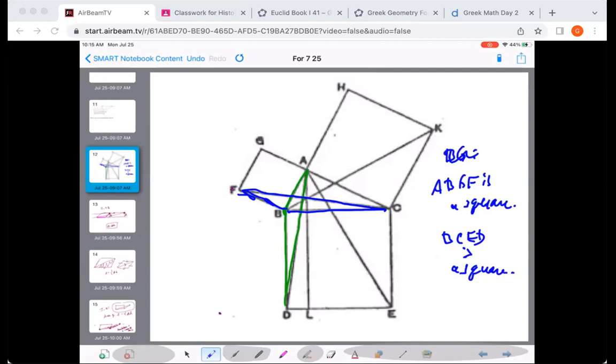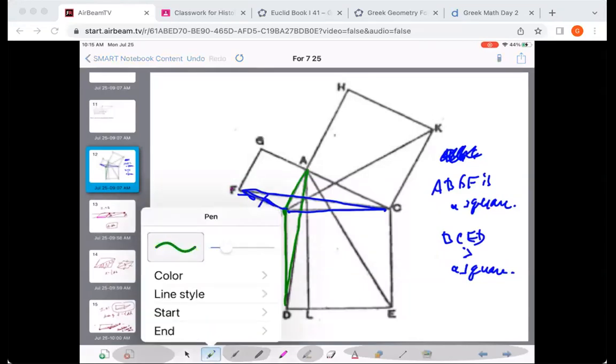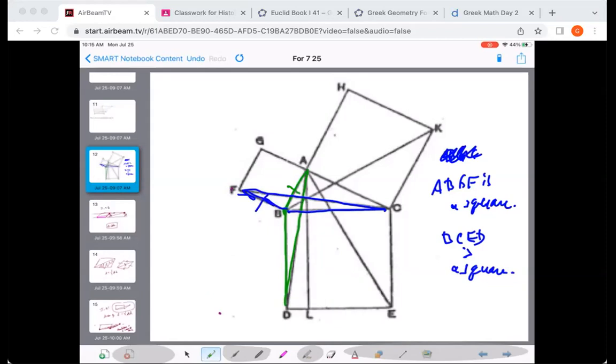Now, you wouldn't need to know that this is 3 and this is 4 or whatever it is, because as soon as you know ABGF is a square, you can say that this side, BF, is congruent to this side, AB, because they're part of the same square, even though one's part of the blue obtuse triangle and one's part of the green obtuse triangle. AB and BF are part of that small square. We don't know the size of it, just that they're equal to each other.